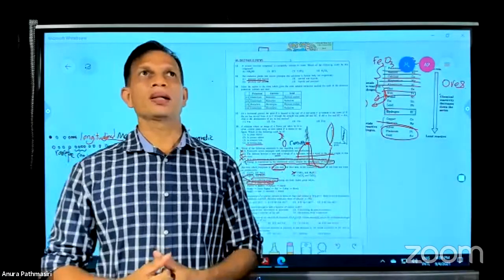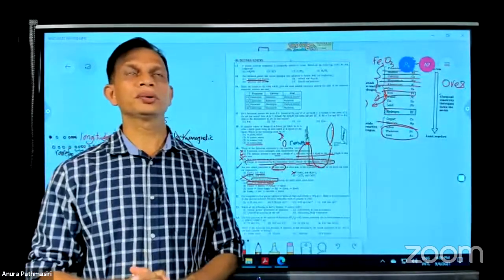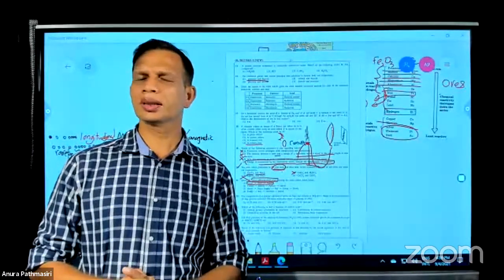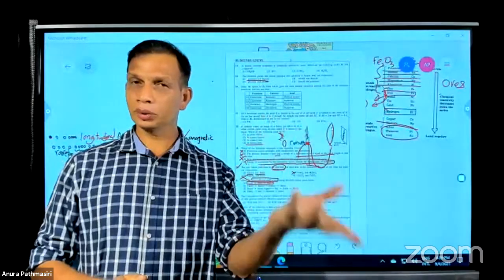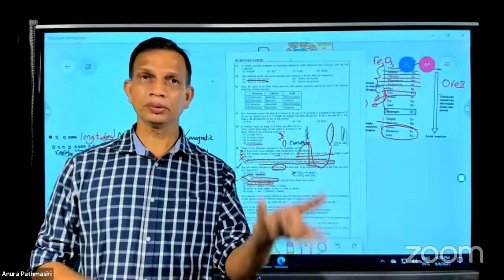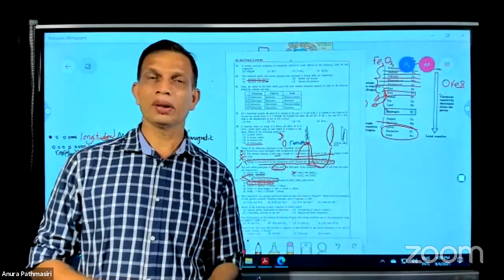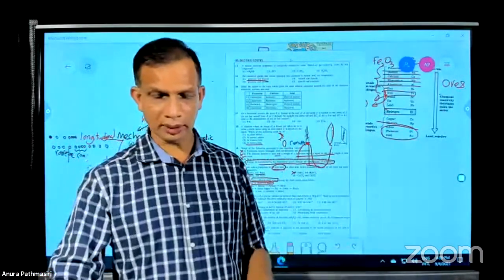If you are told that 25 gram of glucose is available in 250 milliliter of solution, what is the concentration? How can you find it out?